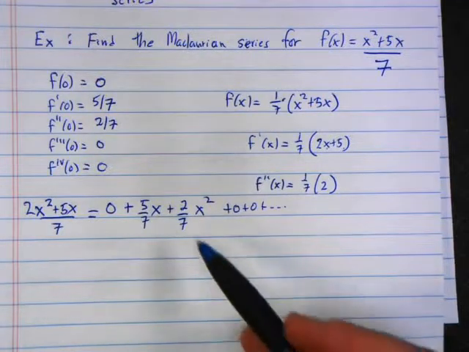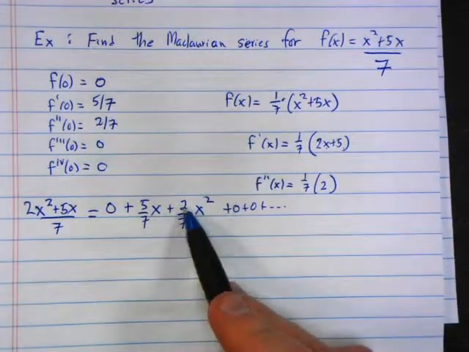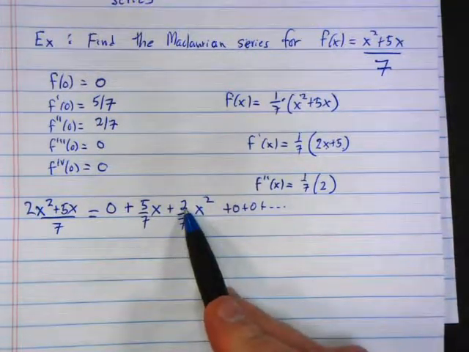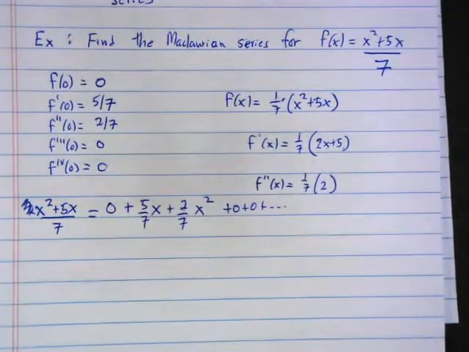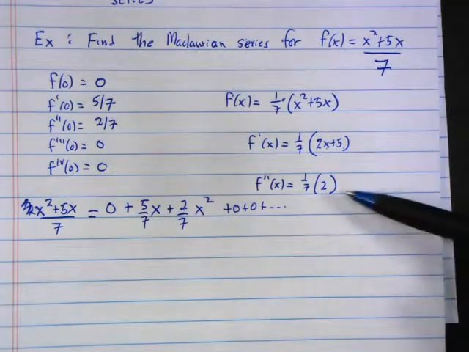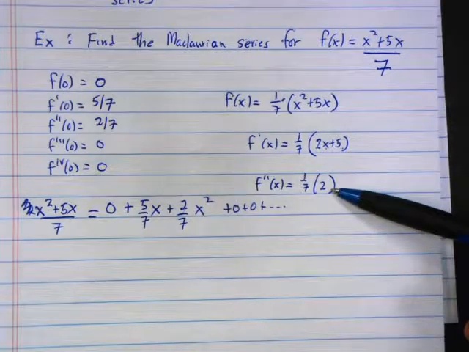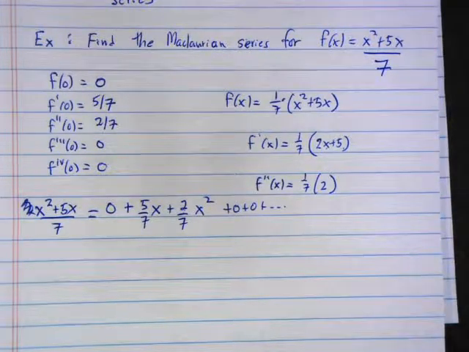I don't know. Why did I put a 2 here? This is the second derivative. Okay. Something doesn't seem right though. It's 2 times. Yeah. That's right. The first derivative brings the 2 down.